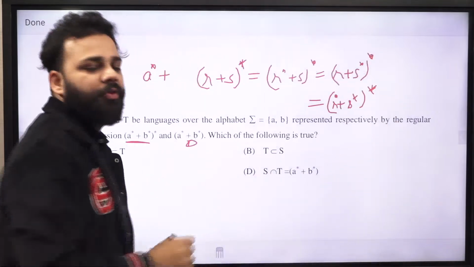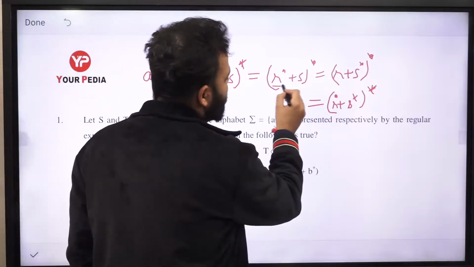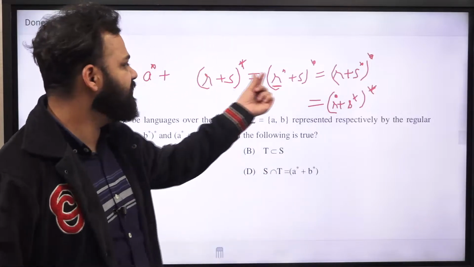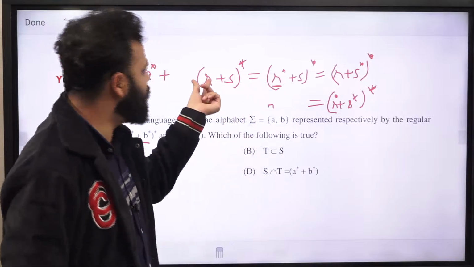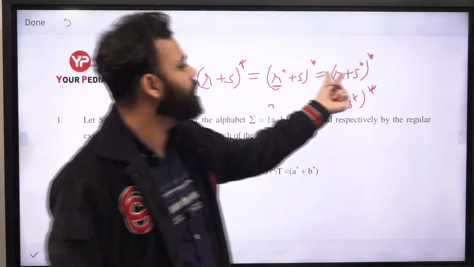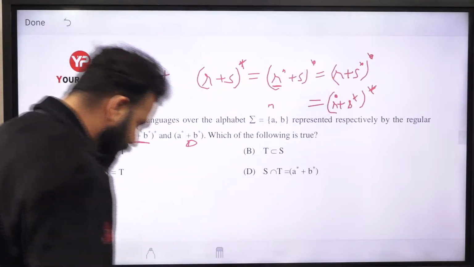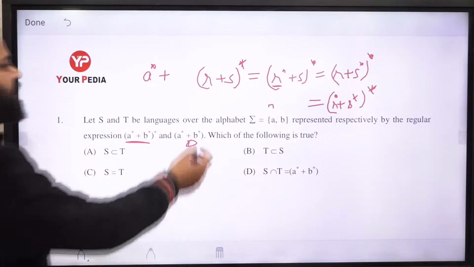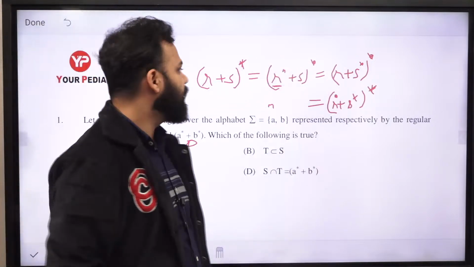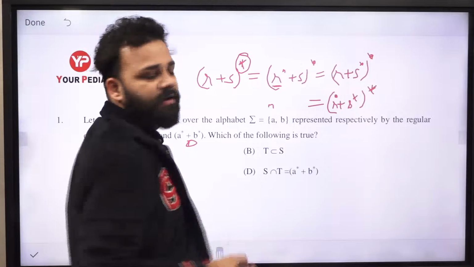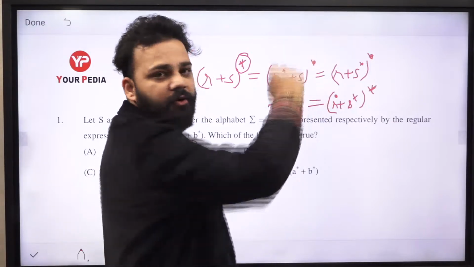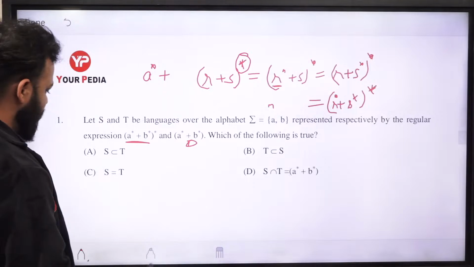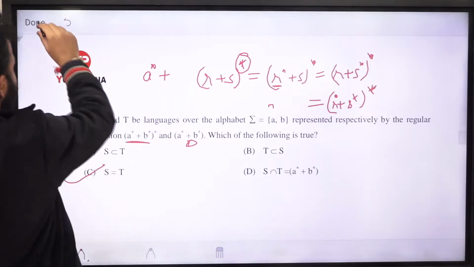What it is trying to say is that even if you have R star here, it will only generate a number of R's. Let's say you generate 10 R's from this; the same you can do from this side also. So it does not matter if you have two regular expressions and you add them and then take the Kleene closure of it; it will be equal to the Kleene closure of the first plus S over the whole Kleene closure, and so on. So the correct option will be option C.